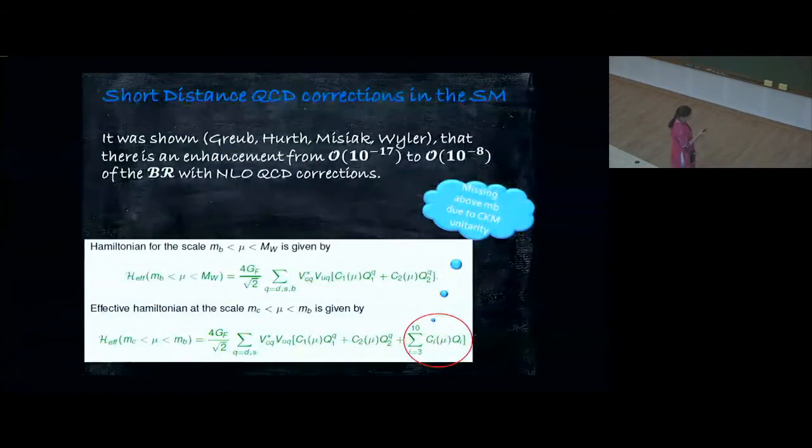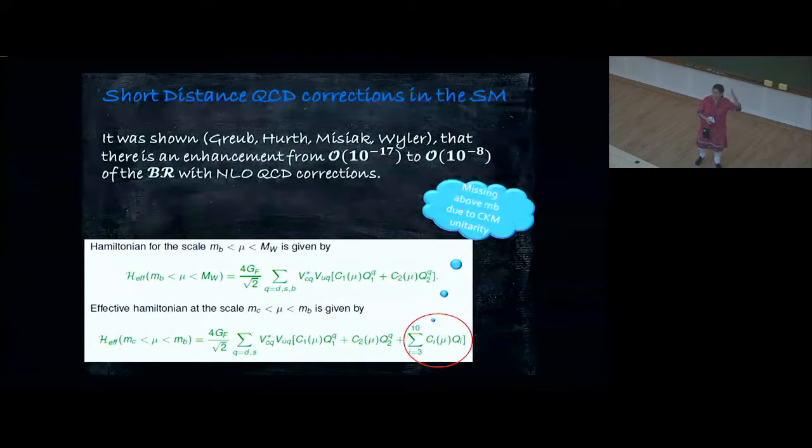It was shown by these people many years ago that there is an enhancement from order 10 to the power minus 17 to 10 to the power minus 8 of the branching ratio with next-to-leading order corrections. But that was a calculation long back, so we just repeated that, and we do get the large enhancement. Basically, when you're doing the QCD corrections, you first write down the Hamiltonian for the scale between MW and mb.